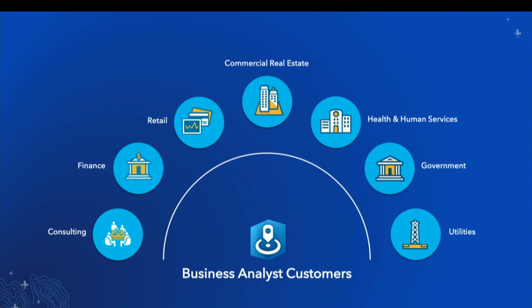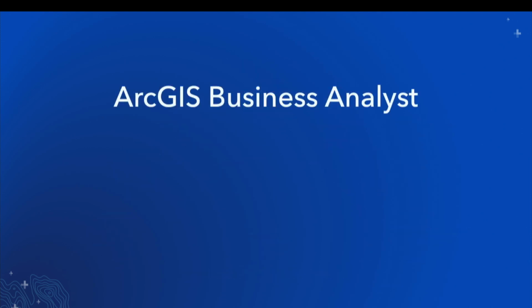Hospitals, public health agencies, and the government sector, whether it's local government, economic development use cases, or state or federal government, determine at-risk population and reach the right audience. They make those decisions using Business Analyst. A lot of those we'll see through the demos here, how it could be used.